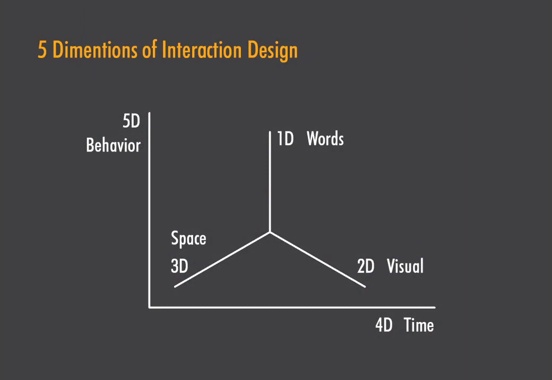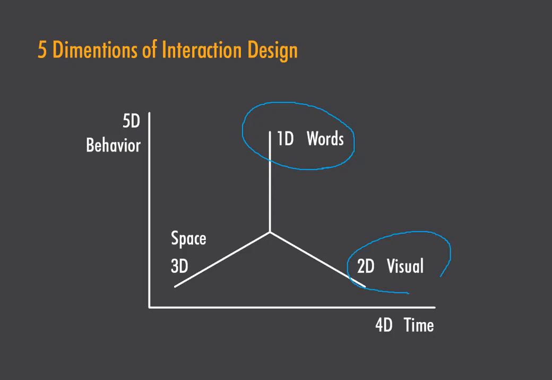There are, you can say, 5 dimensions of interaction design. Let's get the pen here. Words here. The first dimension means titles and descriptions, readable texts written with letters, of course.